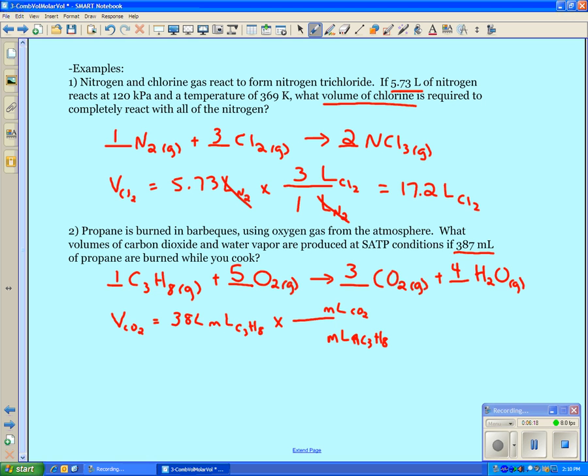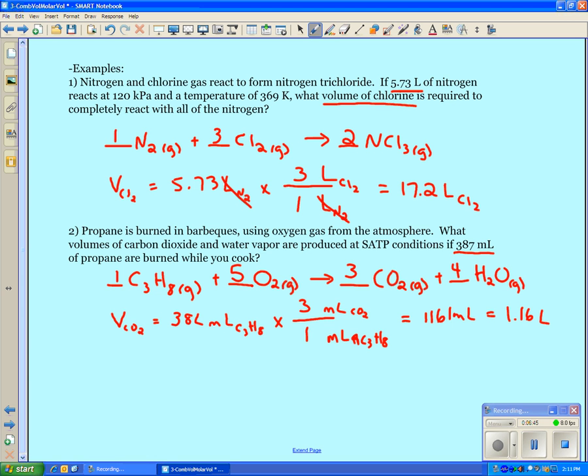From the reaction, carbon dioxide, we get 3 for every 1 propane that we burned. So 387 times 3 divided by 1, and you'll get 1,161 milliliters. And because we want 3 significant digits, I'm going to change that into 1.16 liters as my final answer.